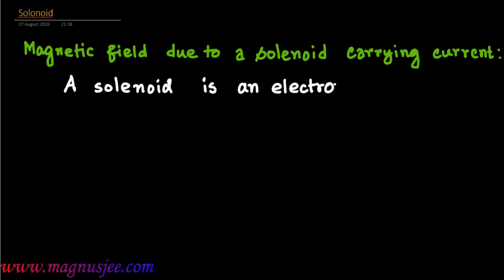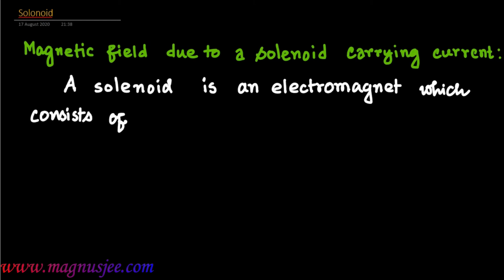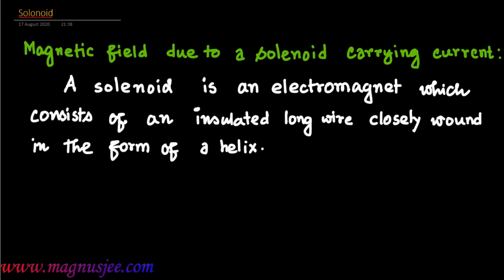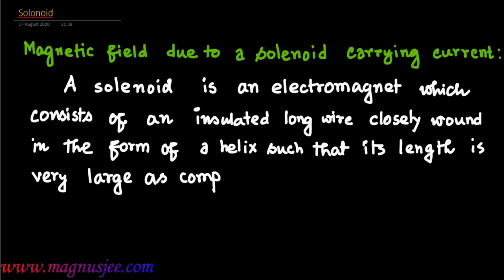A solenoid is an electromagnet which consists of an insulated long wire closely wound in the form of a helix, such that its length is very large as compared to its diameter.